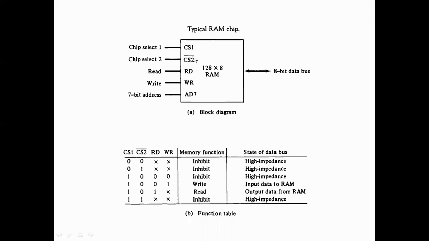A bar implies that to select this chip, this line must be 0. Whenever you find a bar somewhere like this, it means the input from here should be 0. If it is 0, the bar will convert it into 1, and only then will this chip be selected, otherwise it will not be selected. In other words, since this does not have a bar, this should be 1, and this should be 0.